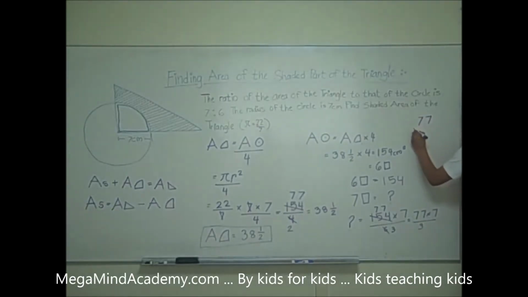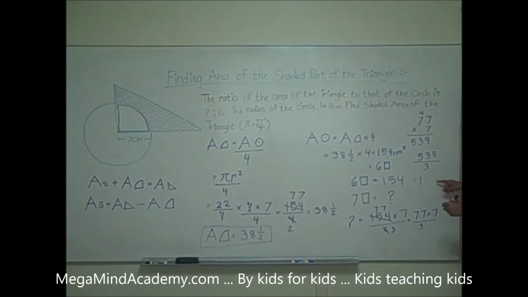77 times 7: 7 times 7 is 49. You put your 9 down here and you carry your 4. 7 times 7 is 49 again, plus 4 is 53. So now you have 539 over 3. 3 goes into 5 one time, with a remainder of 2.